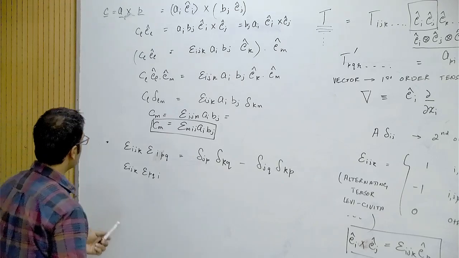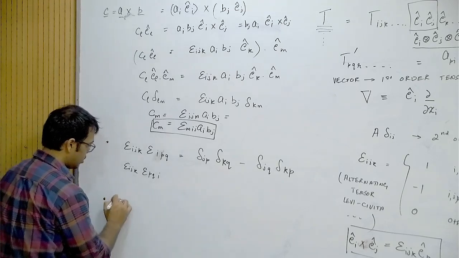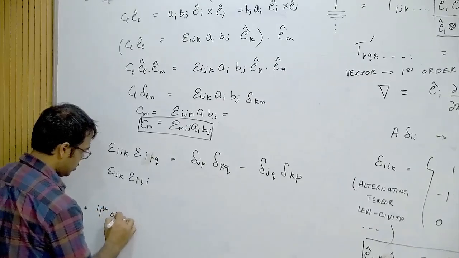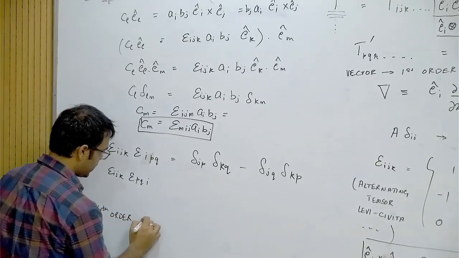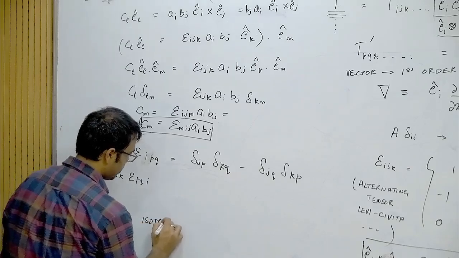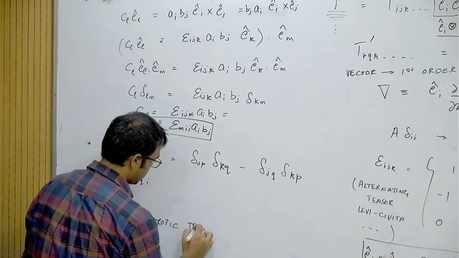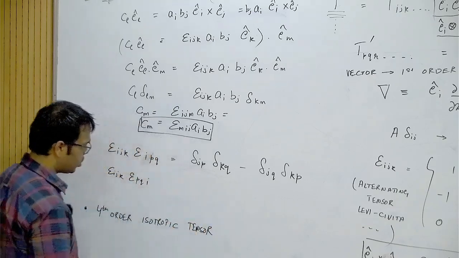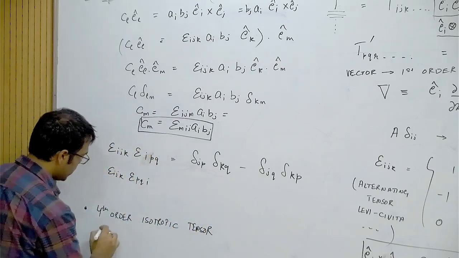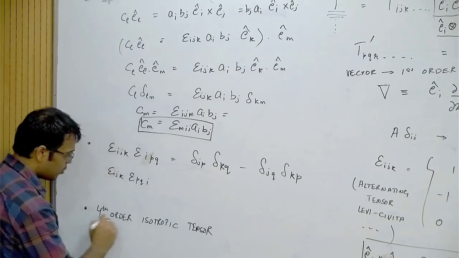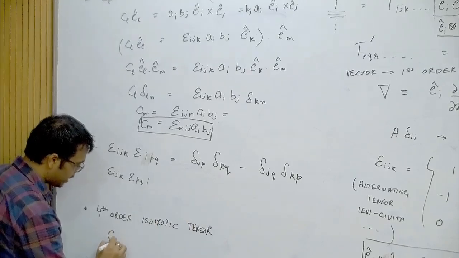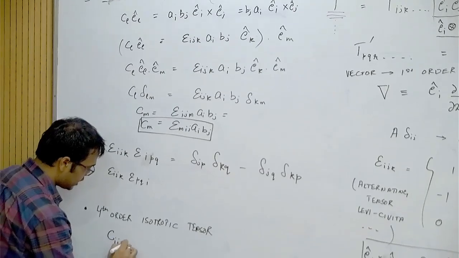In a similar way, a fourth order isotropic tensor can be defined using linear combinations. Let's say you want to define a fourth order isotropic tensor with the indices I, j, k, l.